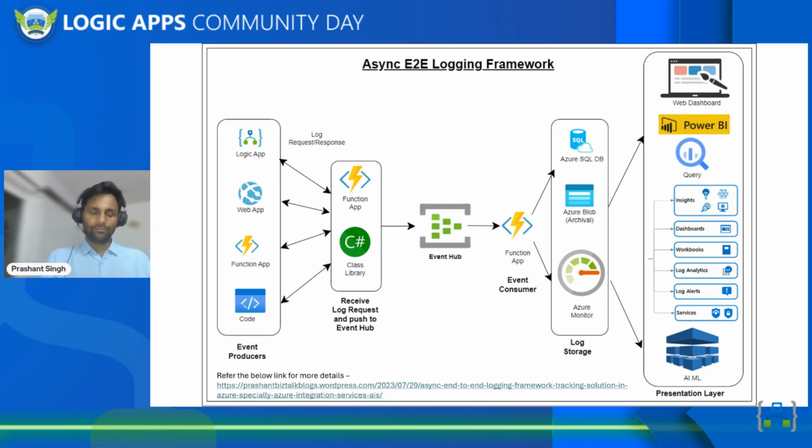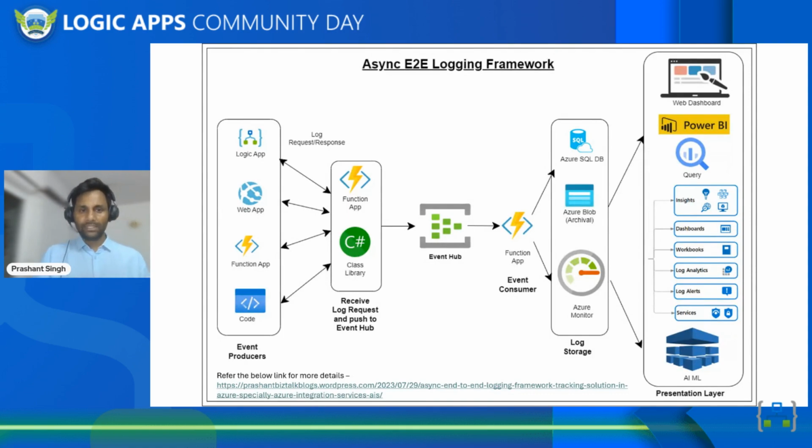And then we'll have to design some event consumer. In our case, we designed a function app which will be picking all these events from event hub and then pushing it into either Azure Monitor, or a SQL server table, or anywhere. And so therefore you will have a track of all the events which are coming, and this can be used for logging purposes, or tracing purposes, or even alerting purposes.